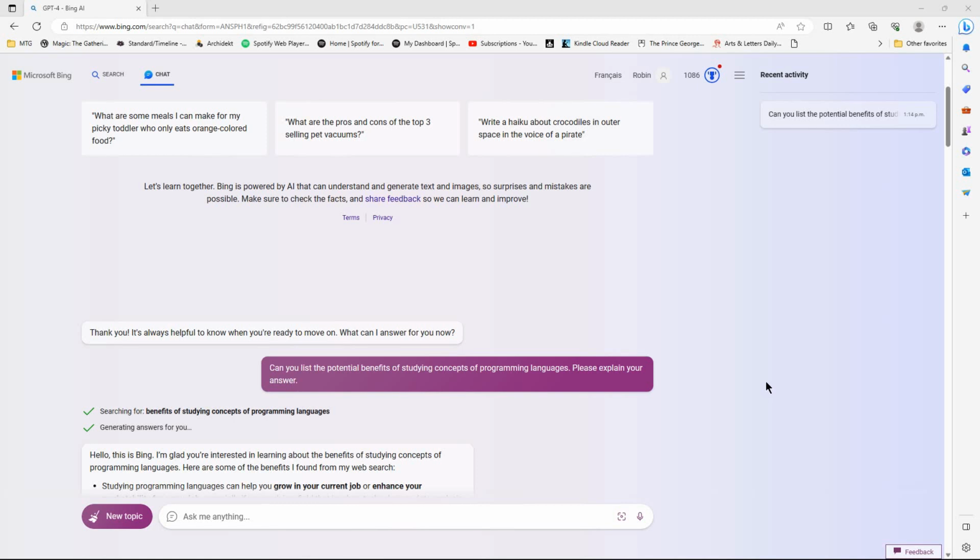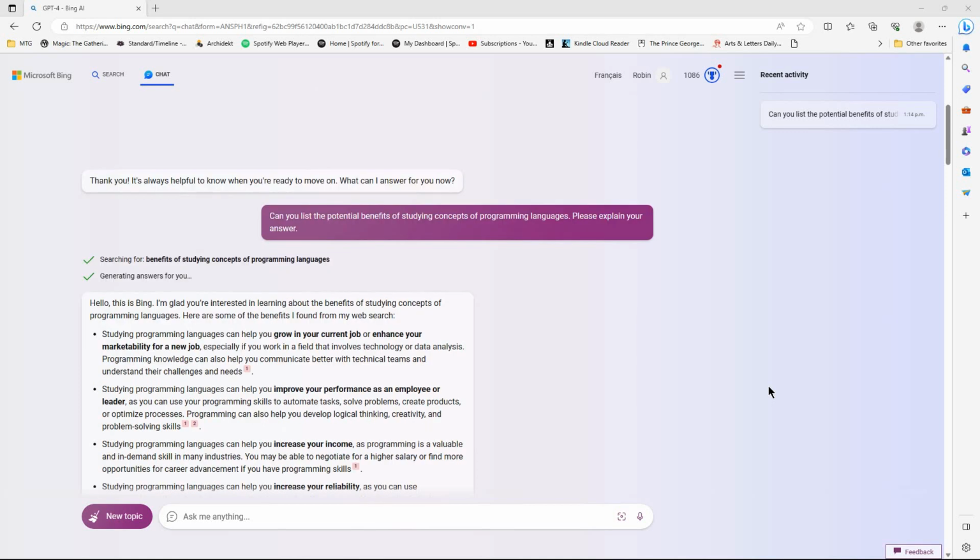And so here I've got, can you list the potential benefits of studying concepts of programming languages? Please explain your answer. Because what it has the potential to do by mistake is to actually list the potential benefits of studying a programming language or learning a programming language, which is different.